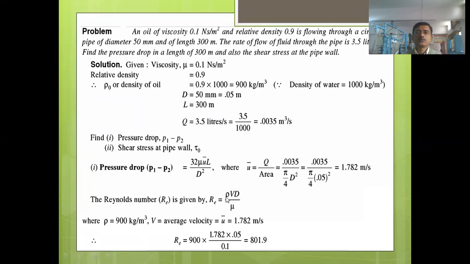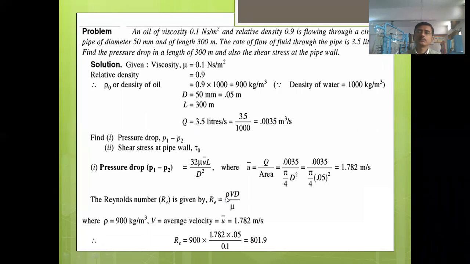The rate of flow of fluid through the pipe is 3.5 liter per second.